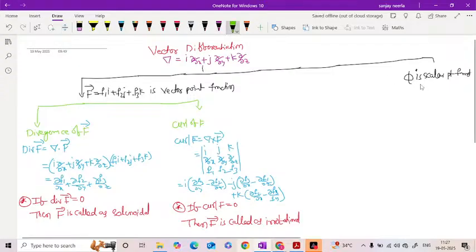What is the operation we have? The same, related to the del operator. Now del phi. So what is del phi here? Here we will write the gradient of phi.